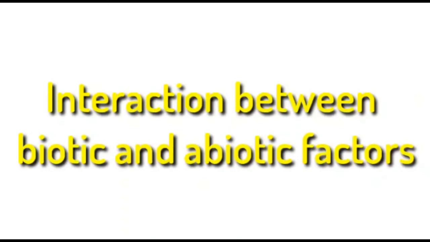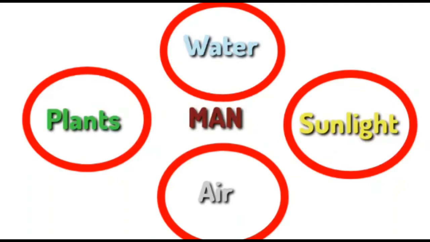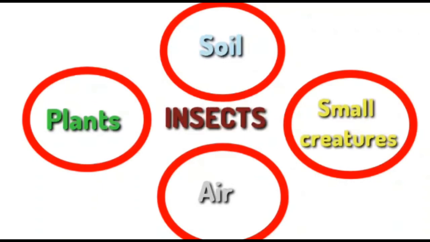Plants are the most important among all the living organisms because they only can make food from abiotic factors like air, soil, water, and sunlight. Here are a few examples for interaction between biotic and abiotic factors.